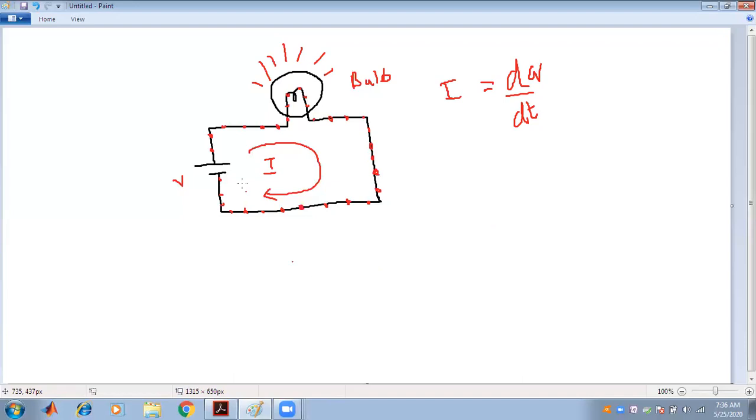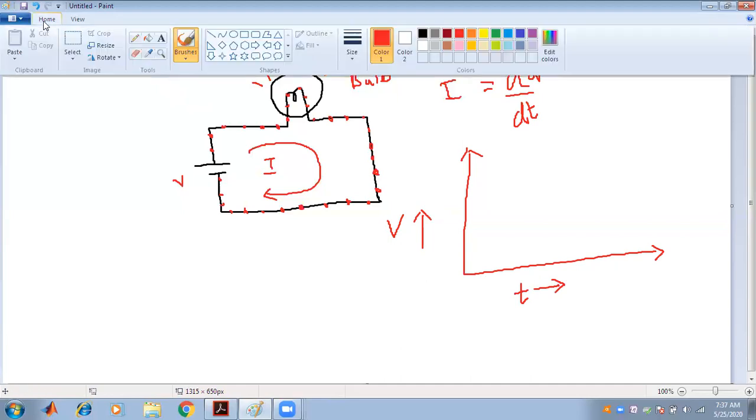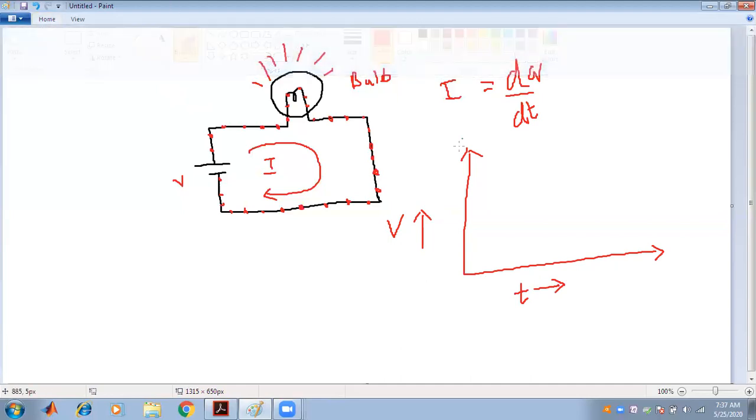If I see the flow of the electrons, it is a unidirectional flow. So the voltage that is generated with respect to time has a steady behavior.